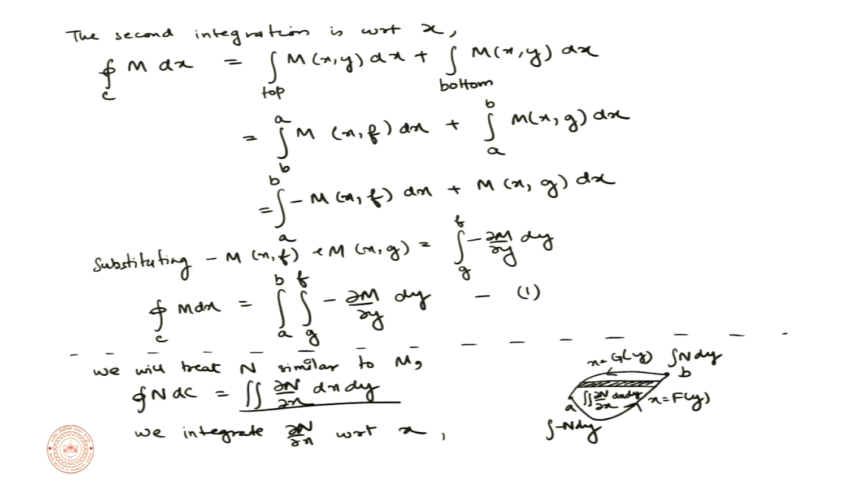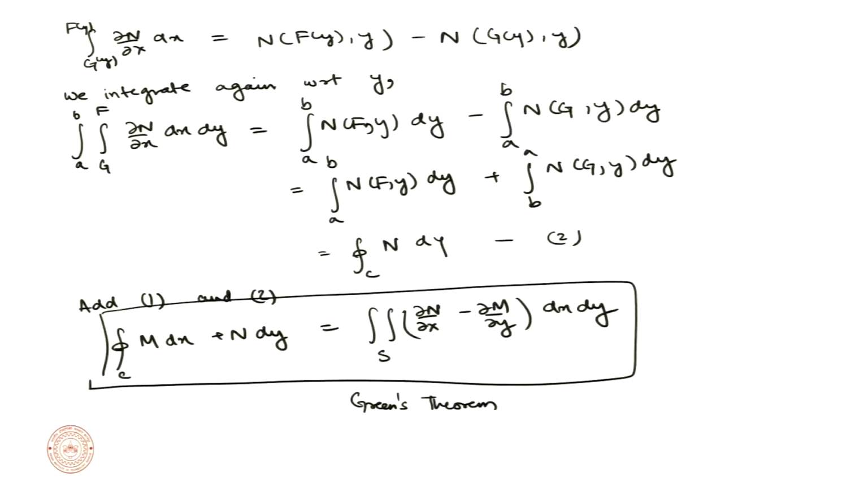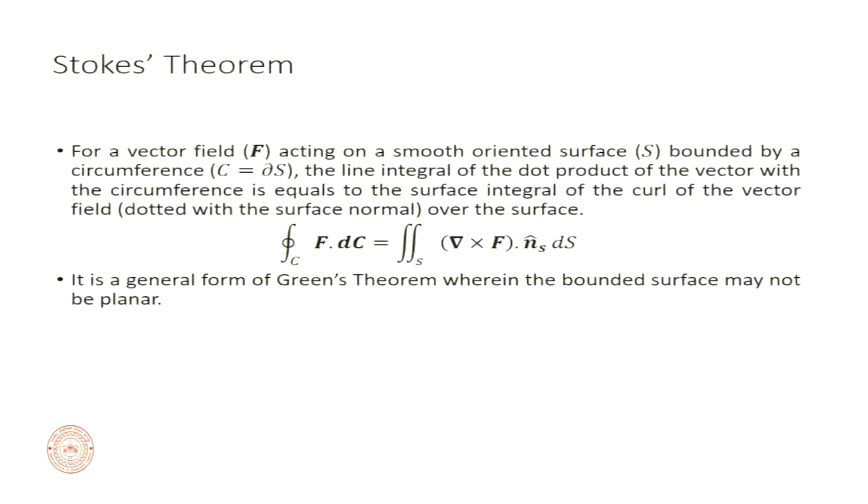Likewise, we took the function n, did the first integration with respect to x of the del n by del x term, and then integrated with respect to y. We added the two together and found that the output is Green's theorem. Okay. Stokes' theorem is, we can say, the 3D counterpart of Green's theorem.